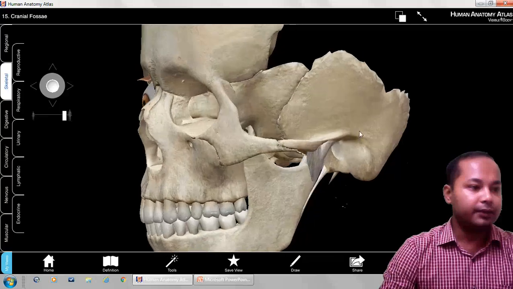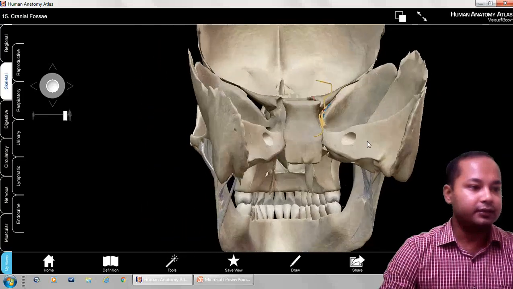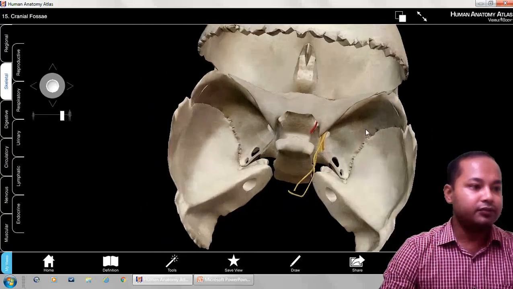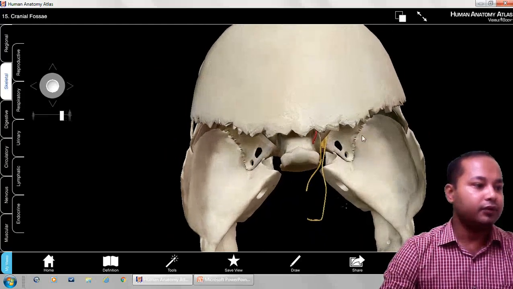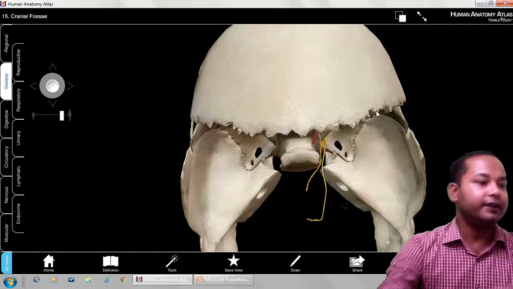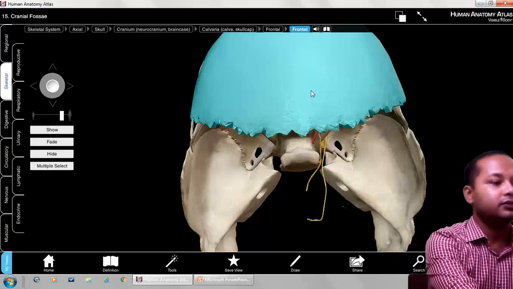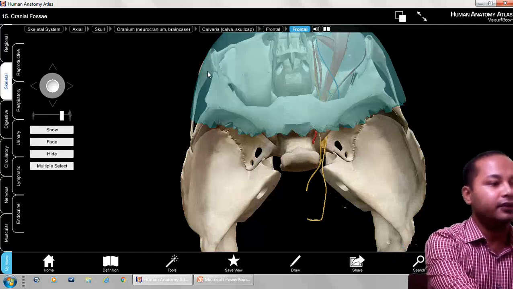Again, coming back to the upside, I am just trying to make the frontal bone go faded. So this is the fading of the frontal bone.